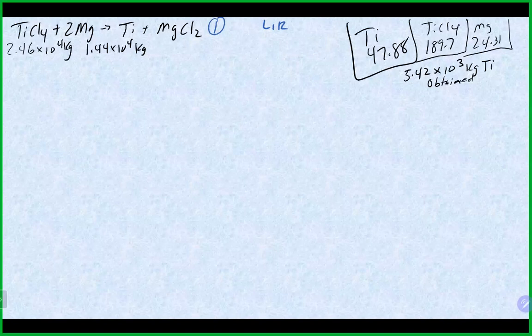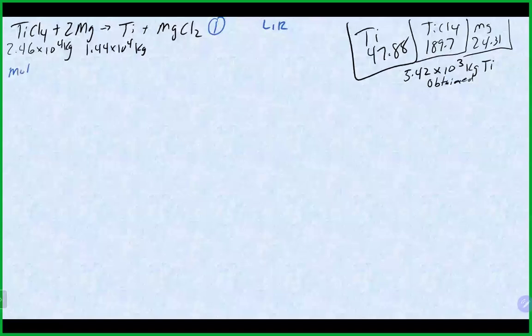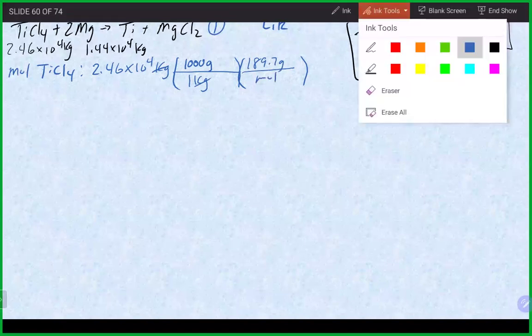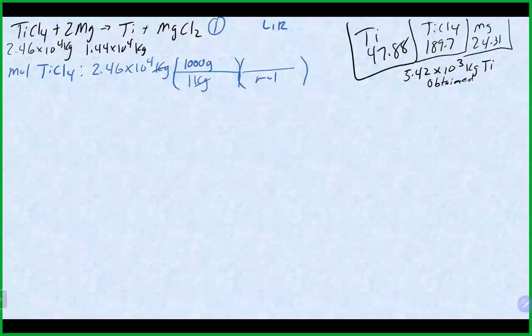So here we'll start with the TiCl4. We have 2.46 times 10 to the 4 kilograms. We do need to convert it to grams first. So for kilograms, 1,000 grams will do that. Now we could use the molar mass from the periodic table, or what they gave us actually, so you didn't have to look it up, which is good. And now we are not in moles because I did it backwards, but if I wrote it correctly, that would be good.